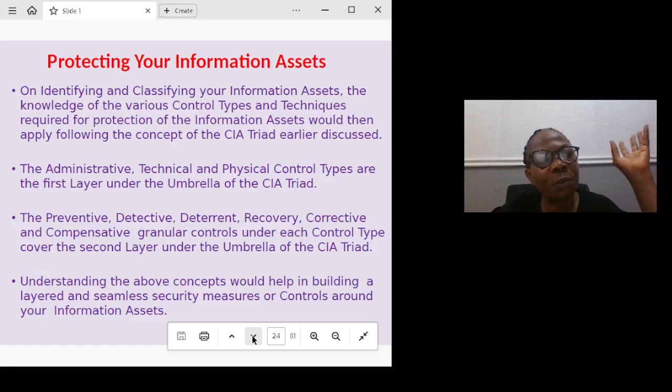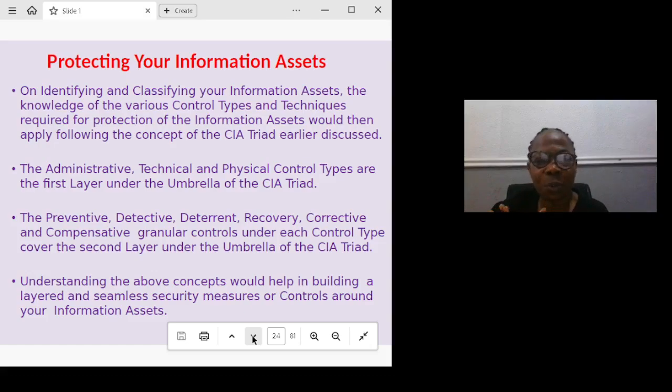What are the governing principles or the policies around your business? What is the mission, the vision, the belief, the philosophy of your business? It's centered around your personal life, your business, and the same way it applies to your information assets and your organization.